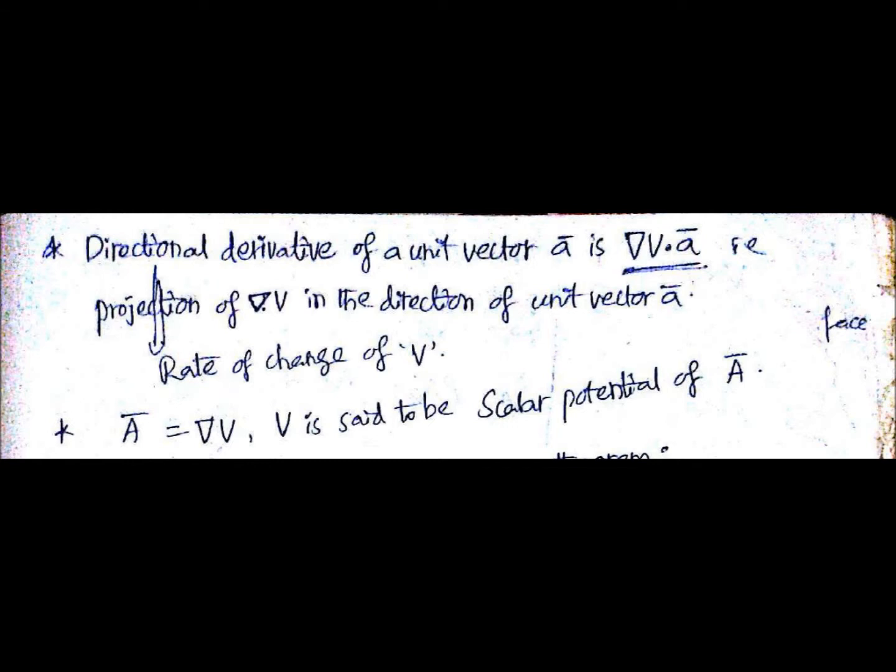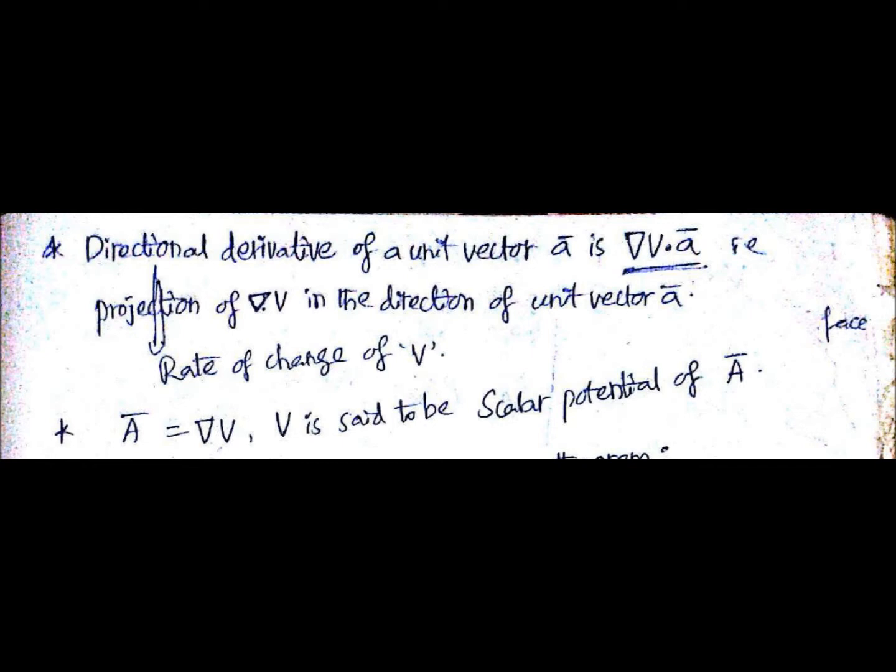Okay, then if the resultant of the gradient of a scalar v is a vector a bar, then a bar equals del v.